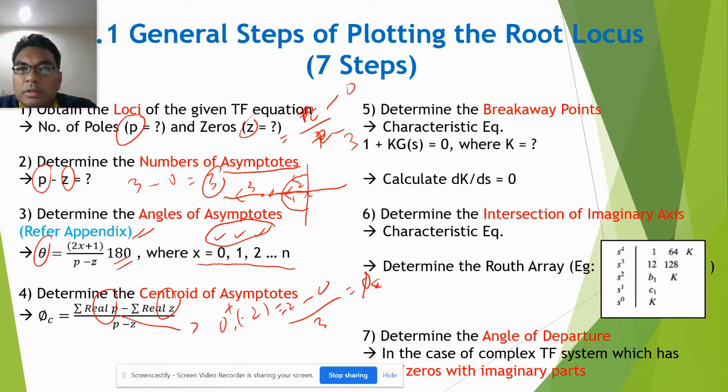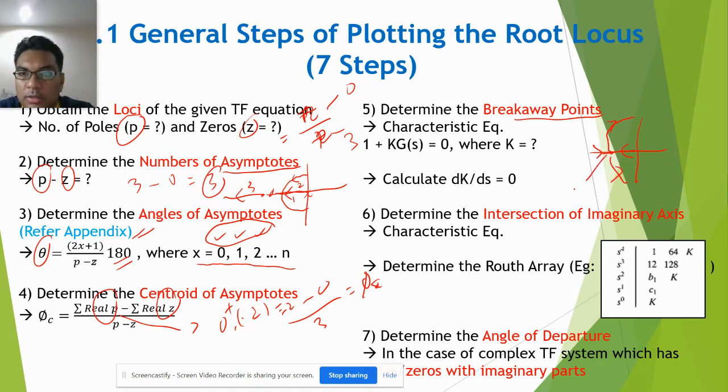Okay, so the next one, we determine the breakaway points. This is where two lines meet and then break away. For example, we have line number 1 here and line number 2 here. At this point they separate, towards this road and towards this road.